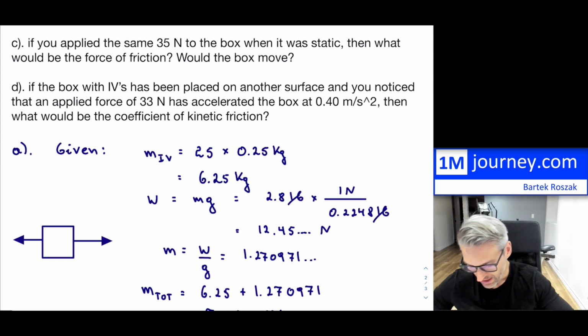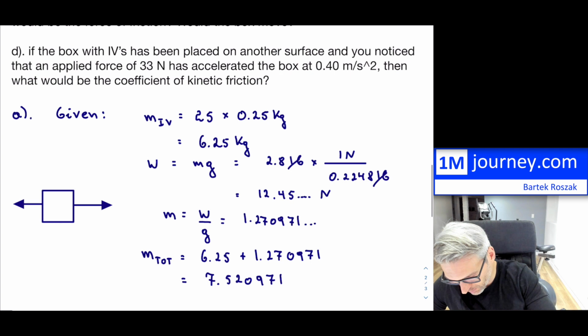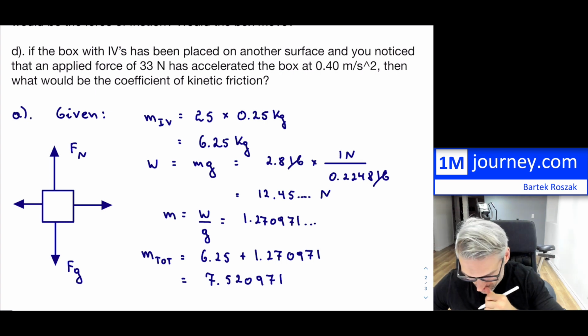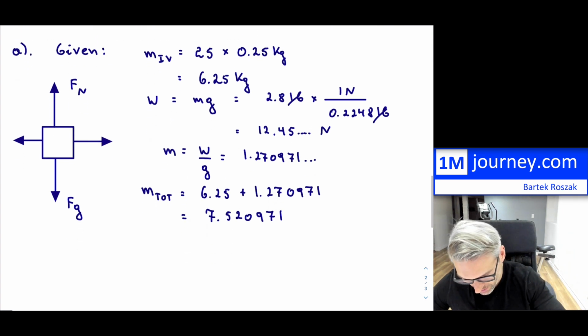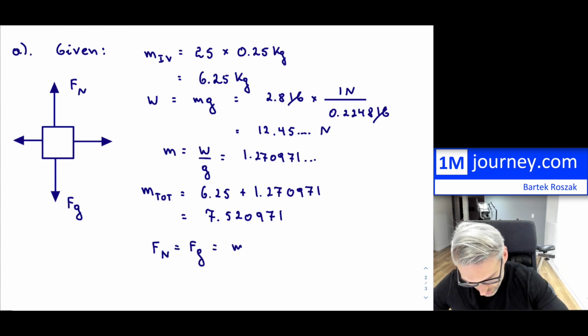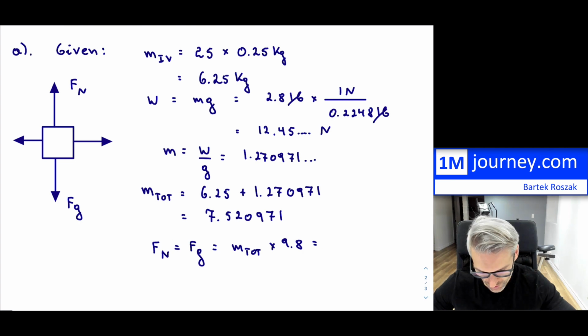Once it's moving, we're going to be able to figure out what the actual coefficient of friction is, and that's going to be coming from the fact that we can have force of gravity here, and then we're going to have our force of normal, and because it's horizontal, these two are going to be equal. So the force of normal is equal to the force of gravity, which is going to be your total mass multiplied by 9.8, and therefore you have your normal force.